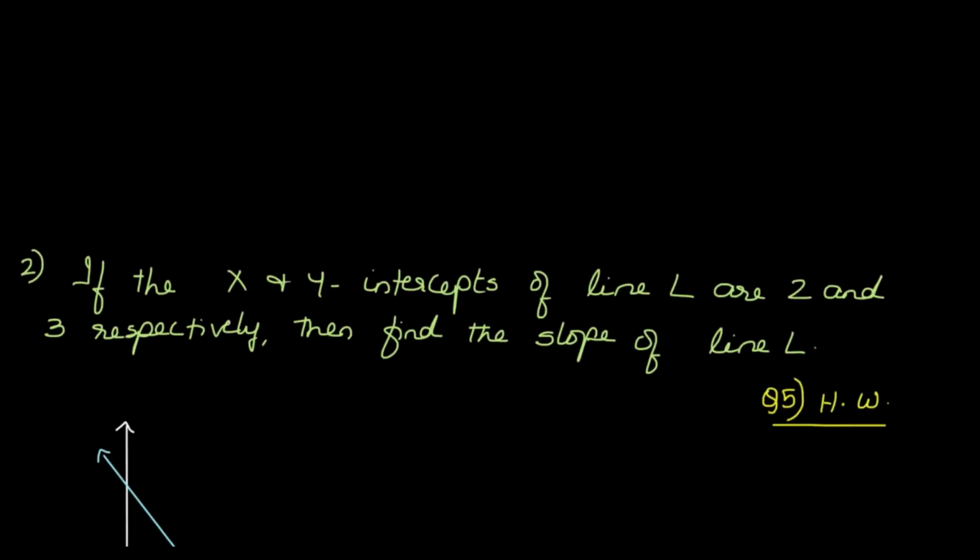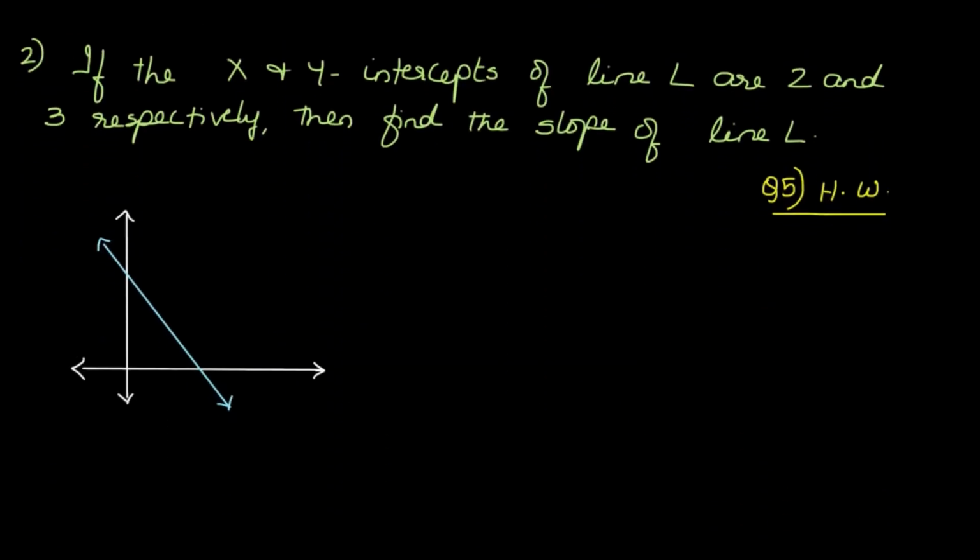So question 2, if the x and y intercepts of line L are 2 and 3 respectively, then find the slope of line L. Suppose this is a line L given over here. The x-intercept of line L is 2. That means line L touches the x-axis at say 0, 2.